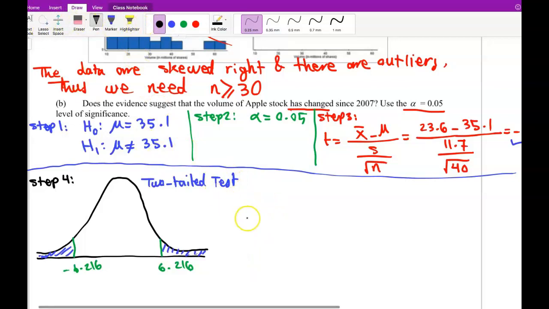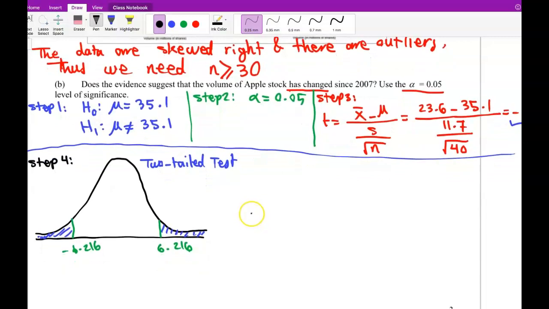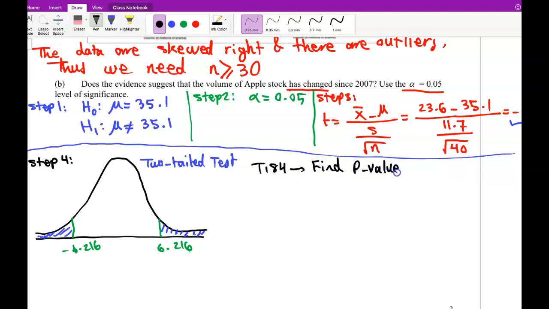Okay, now I want to use the calculator to find the p-value. Using the TI-84, again using tcdf, exactly the same as the previous part. Let's use the right tail on this board.